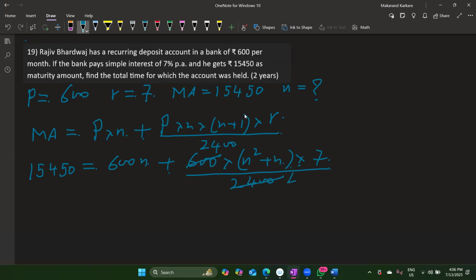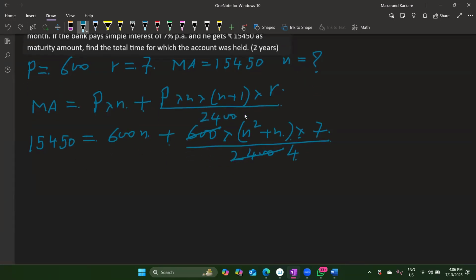6 4s are 24. Let's multiply the whole equation by 4.